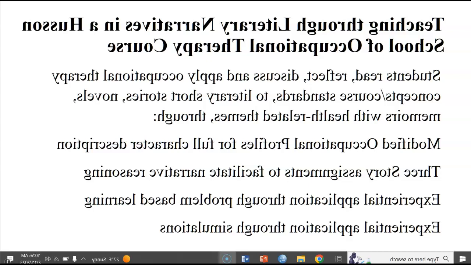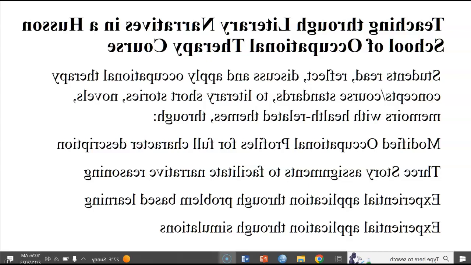Basically, seeing the character as this fully dimensional person. There's a three-story assignment, which again is based on OT concepts of narrative reasoning through Fleming and Mattingly's research, looking at the patient as an unfolding story.